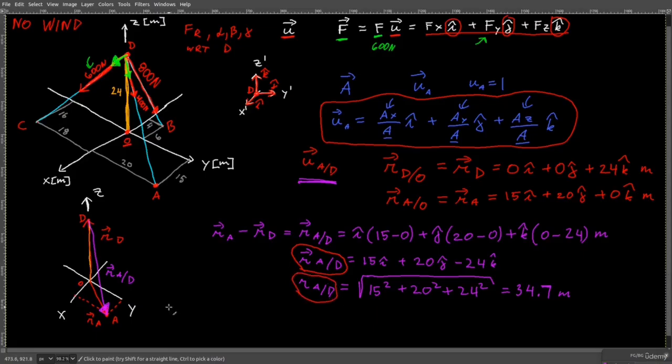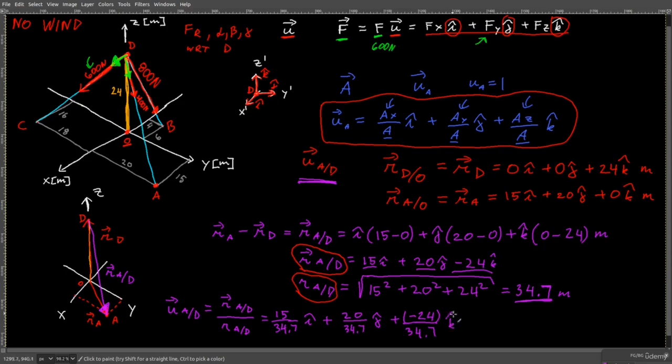And so I can write that u, A with respect to D, is this displacement vector, A with respect to D, divided by the magnitude of this displacement vector. In other words, I have 15 over 34.7 times i plus 20 over 34.7 times j plus minus 24 over 34.7 times k.